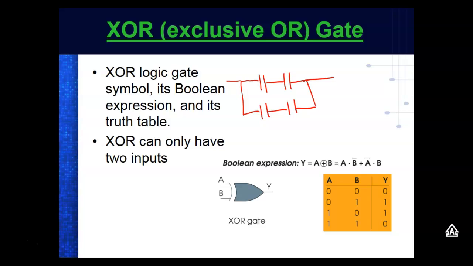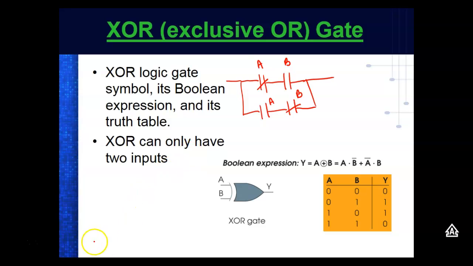But what we're going to do is come up here, and this is controlled by A, this is controlled by B, this is controlled by A, and this is controlled by B. So right off the bat, if A is false and B is false, is the output going to be true or false? We'd be able to get through with this one, but we'd stop right there. We wouldn't get through this one, right?